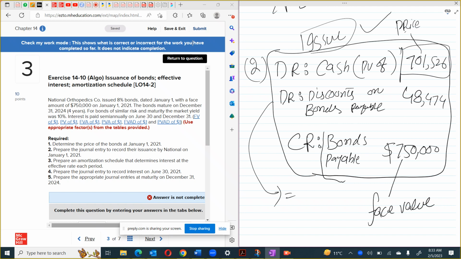Now I will give you a logic. If you know the logic, you will memorize it. Why am I using annuity? Because it repeats every year, the interest repeats every year, and the time period is limited. The maturity is limited, not unlimited.